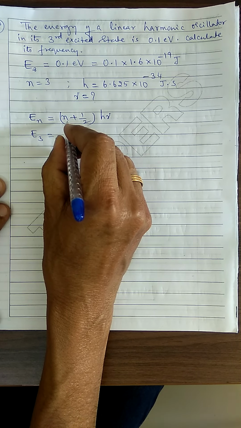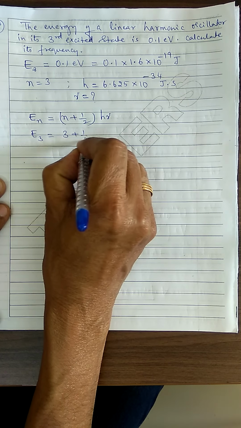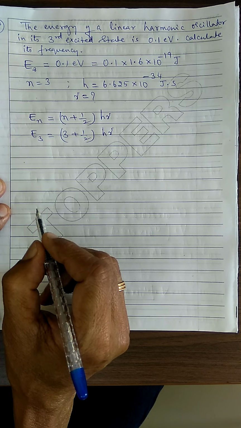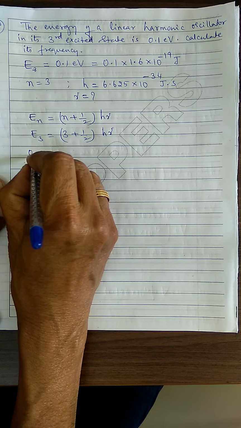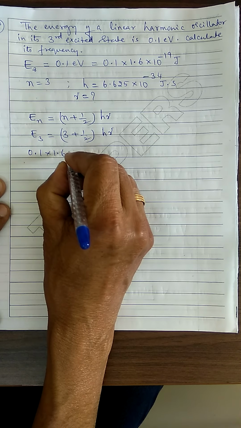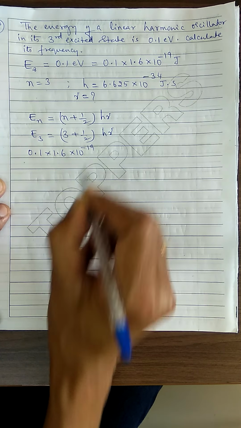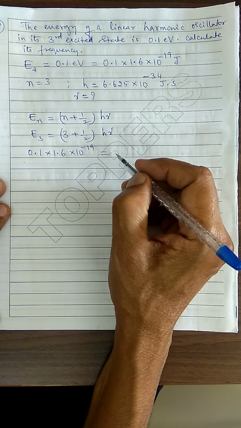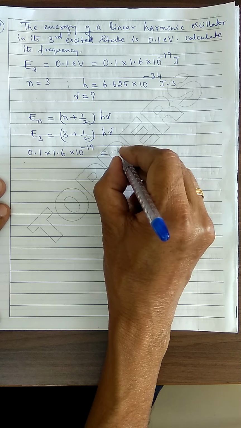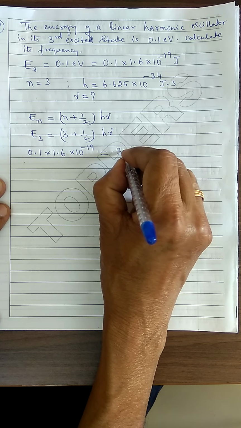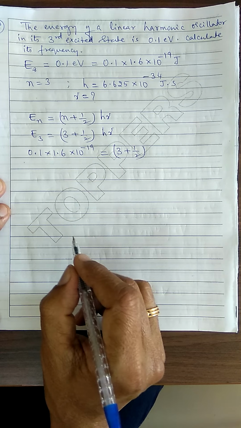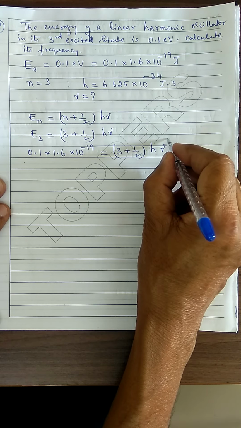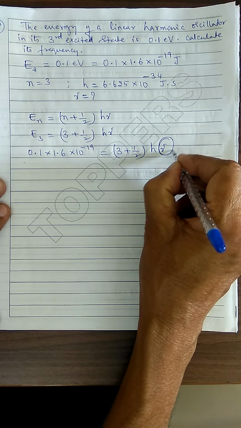E3 is 0.1 into 1.6 into 10 to the power minus 19, equal to (3 plus half), is it not 7 by 2, into h into nu. h is also a known value, but we are supposed to calculate this frequency.